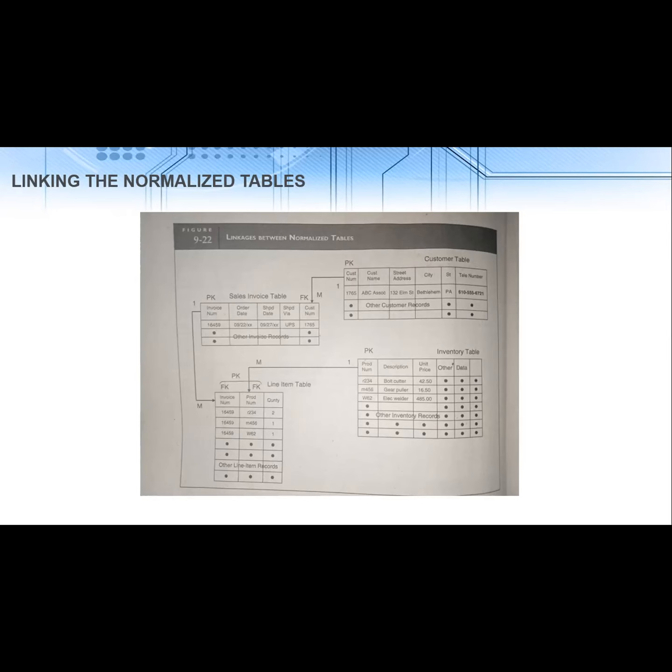You will notice how data redundancy in the original single table structure has been eliminated from the more efficient structure represented here. This requires first determining the cardinality between the tables and then assigning foreign keys.